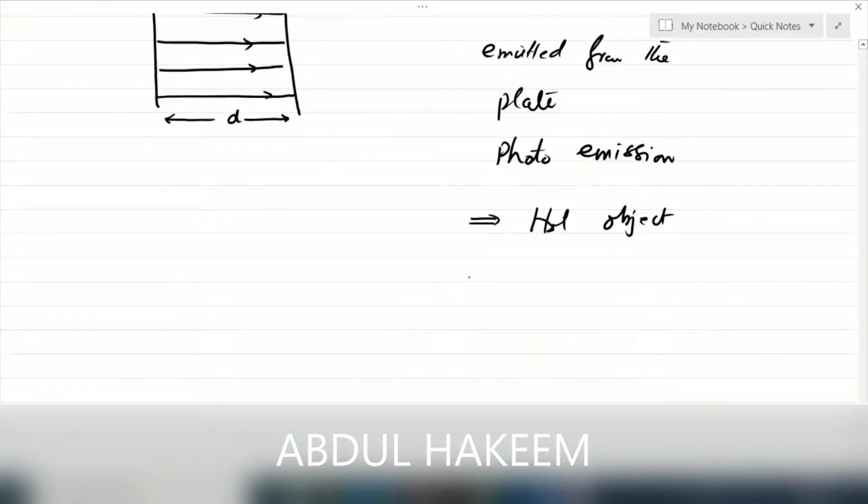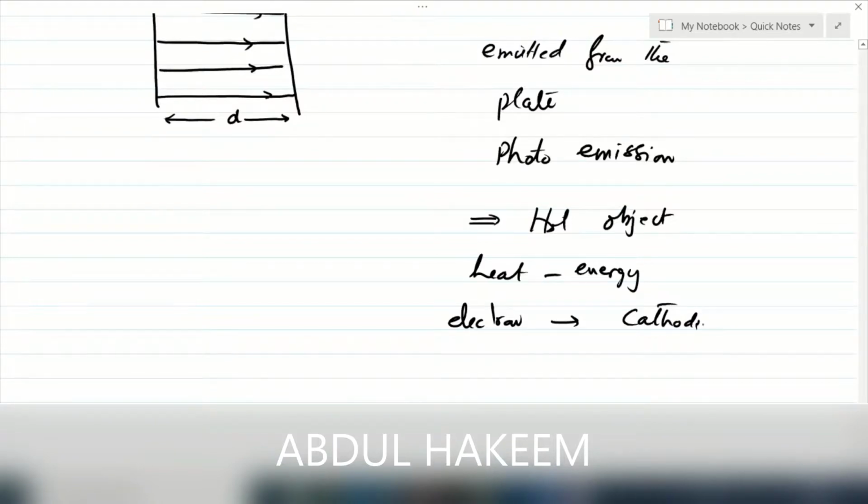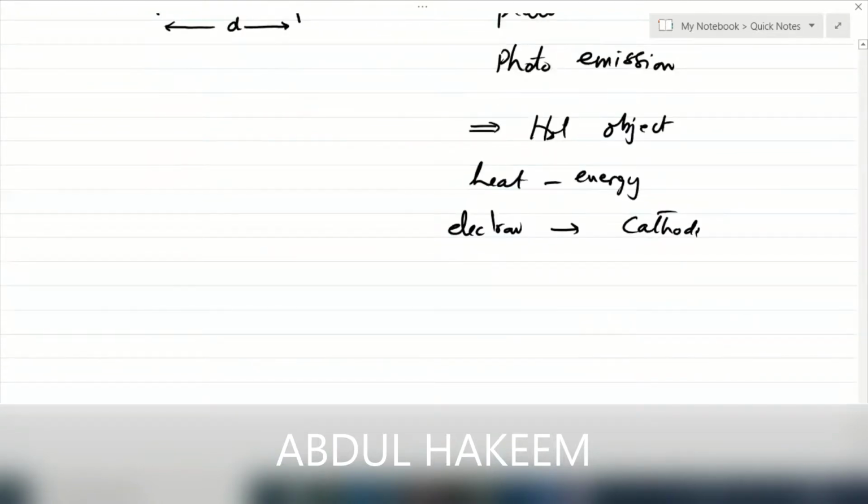Similarly, if the pair of these plates are placed near any hot object, after absorbing heat energy, electrons are also ejected from the cathode. So the emission of the electron from the cathode with the help of the heat is called thermionic emission.